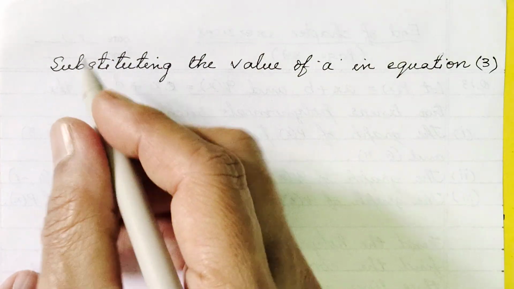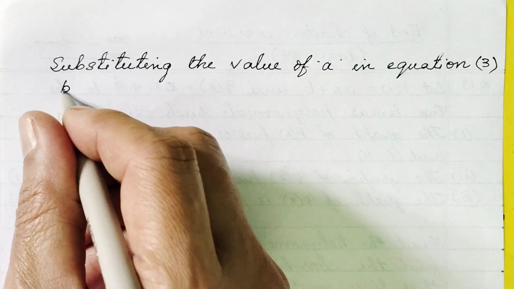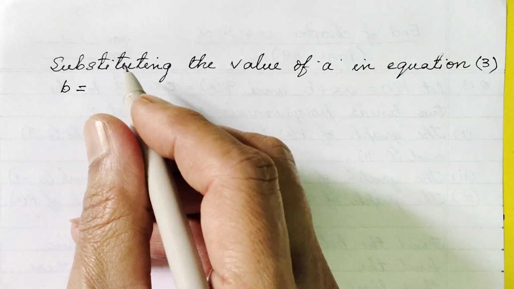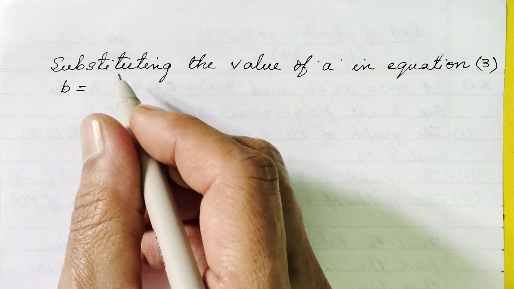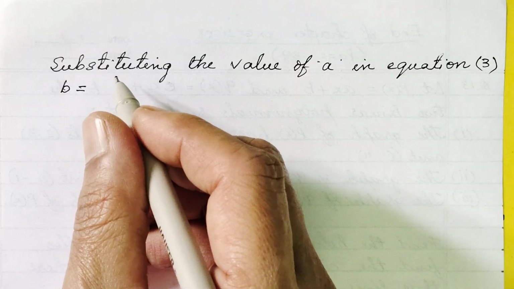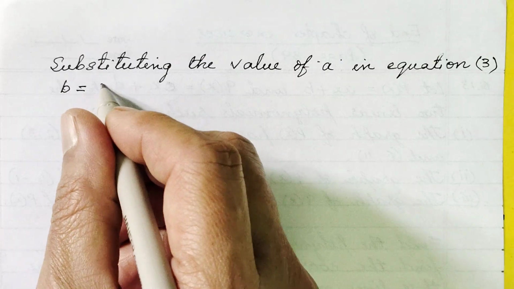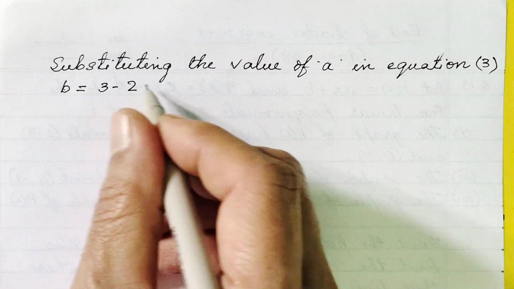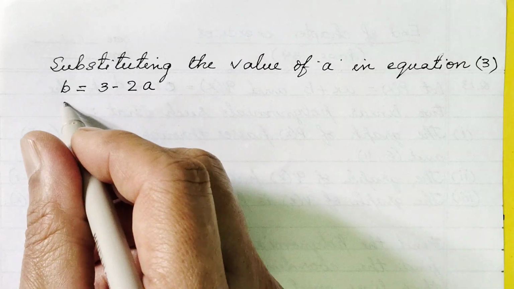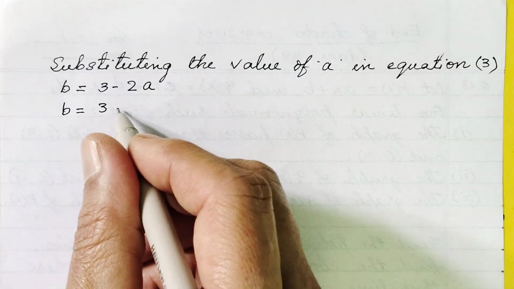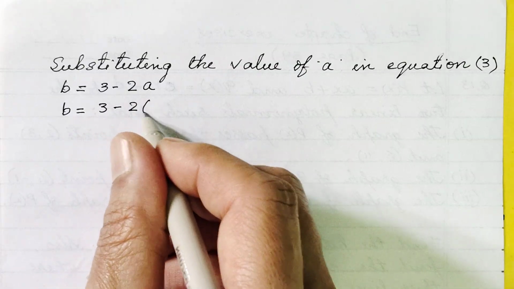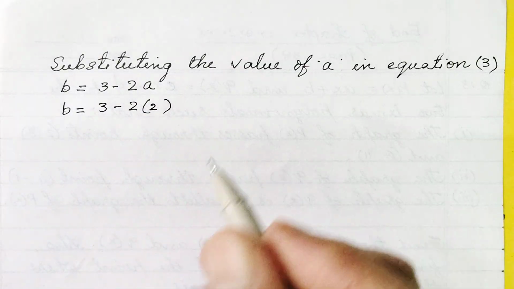So what is equation 3? b equal to 3 minus 2a. So value of a is what? So b will be equal to 3 minus 2 into 2, because value of a is 2.